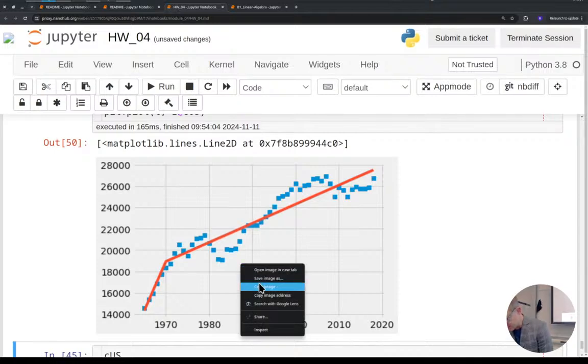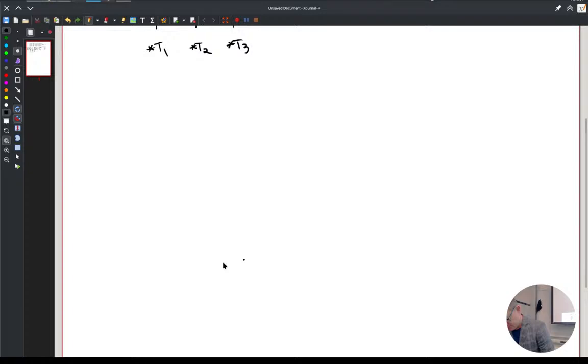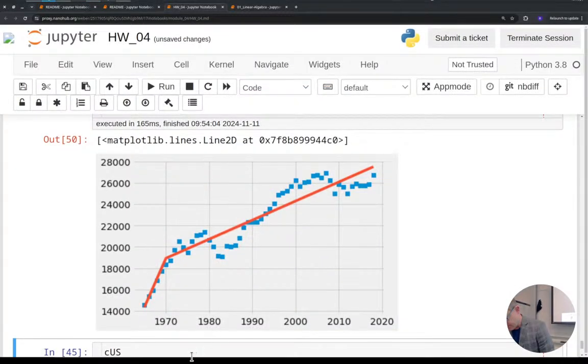Let's copy this one, and then we want those coefficients.